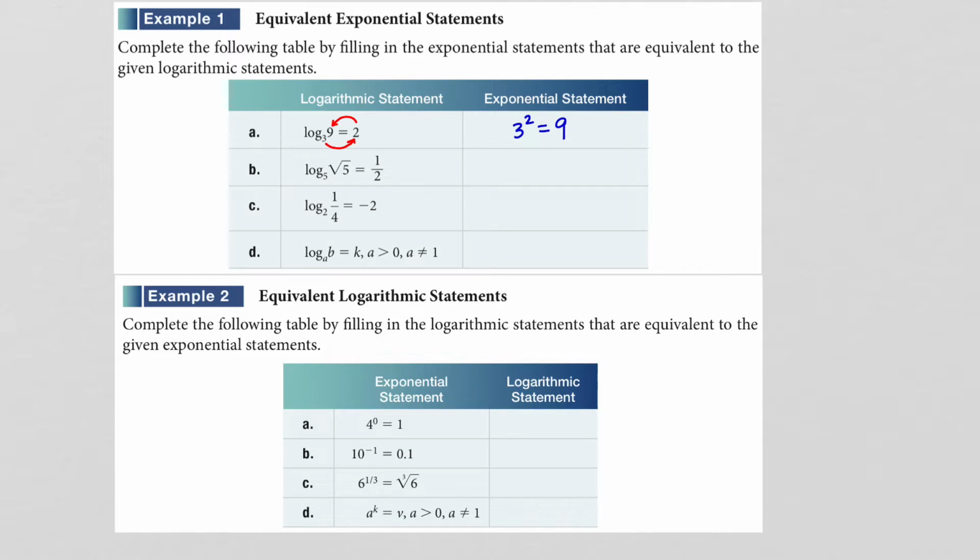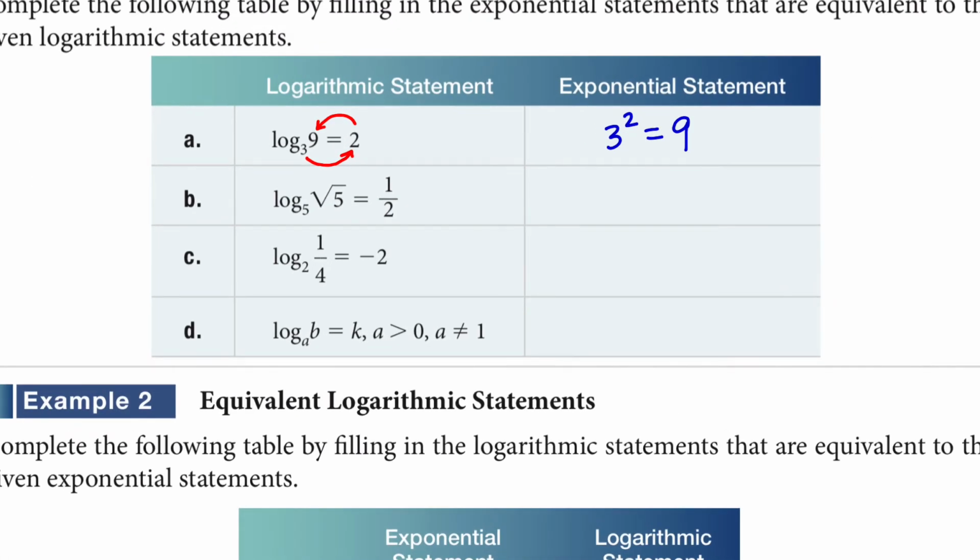In the second one, we have log base 5 of radical 5 equals 1/2. Once again, this means 5 to the 1/2 power is equal to radical 5. And this is, of course, true, because we know that a 1/2 power is the same as the square root.